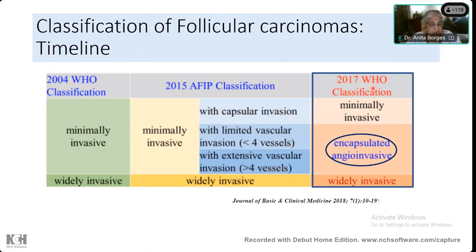Then in 2017, the WHO obviously took the consensus of many experts and said that encapsulated follicular carcinomas were minimally invasive, or encapsulated and angioinvasive. The widely invasive ones were widely invasive, they were not encapsulated. So they don't come into our discussion at all. They did not divide up the encapsulated angioinvasive ones into those with limited or more extensive vascular invasion. So this was as far as 2017 was concerned, which is only some 6 years ago, okay?